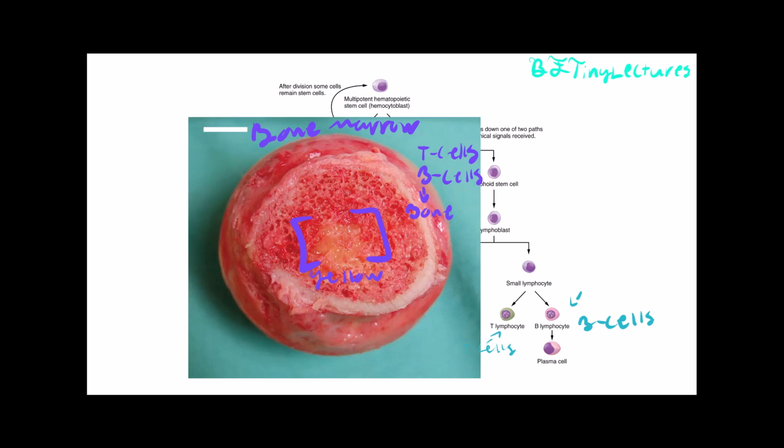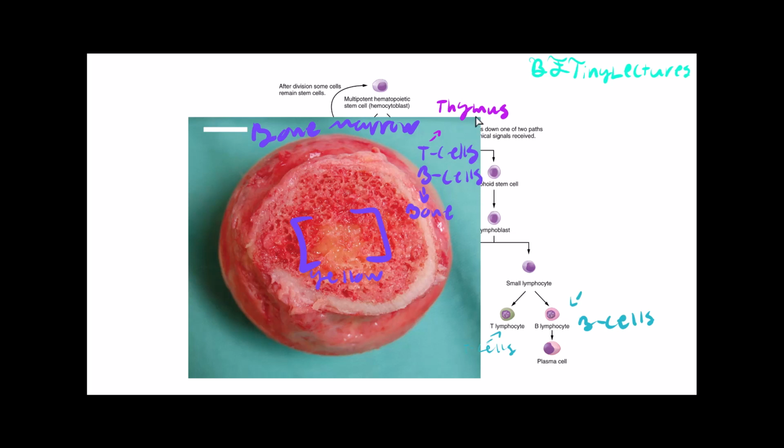The T cells, however, are a little different. The T cells are made inside the bone marrow, but when they are young, they're going to leave the bone marrow and they're going to travel into another organ called the thymus. And the thymus is located within your neck. So the T cells are going to leave the bone marrow, and then they will go into the thymus to mature.